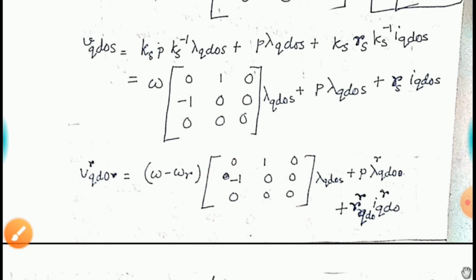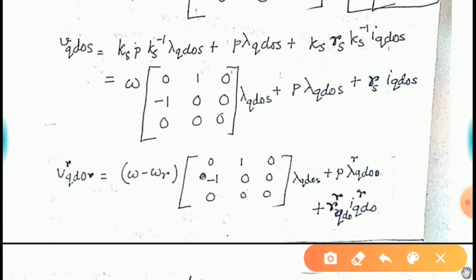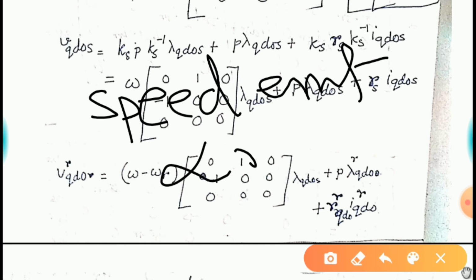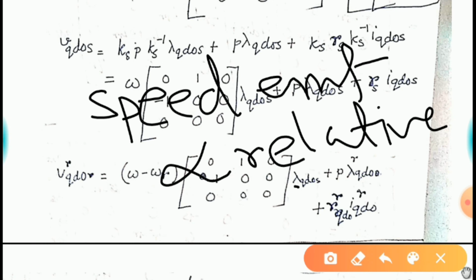Do remember that speed EMF is proportional to relative speed. It has nothing to do with the absolute speed of your winding, right?